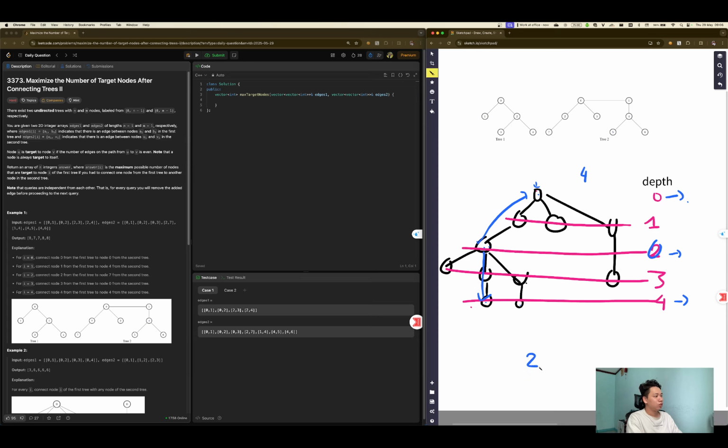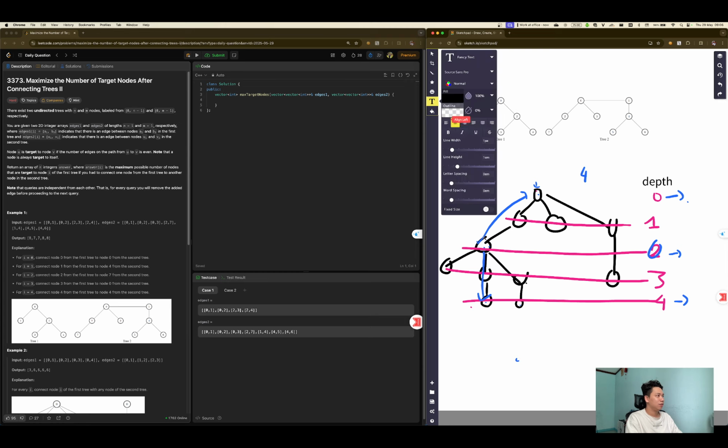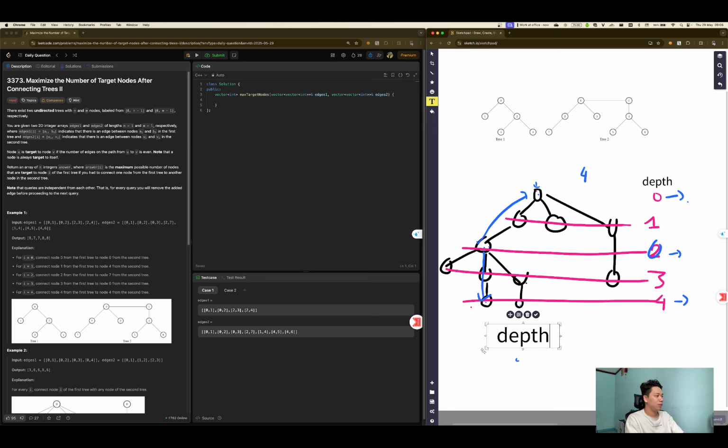The difference is two. So the depth of node U and the depth of V, the path between them is even.